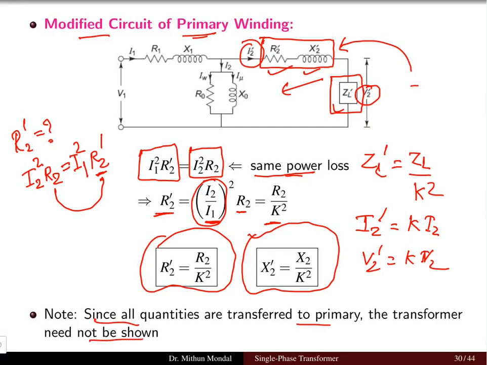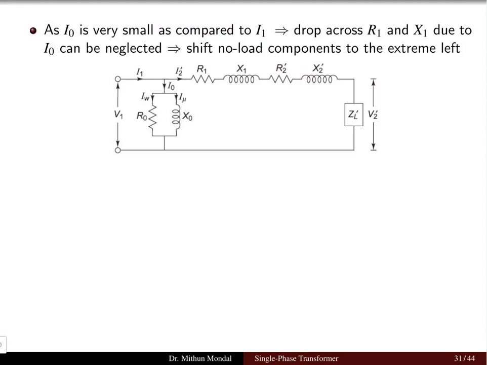Here, when we had the transformer with the primary network and the secondary network, and all the parameters from the secondary side we have referred to the primary network, then we can replace this transformer, because the transformer is the ideal one which has no losses. Now a little bit of change we can make to make the calculation easier, because the current I naught is very small.